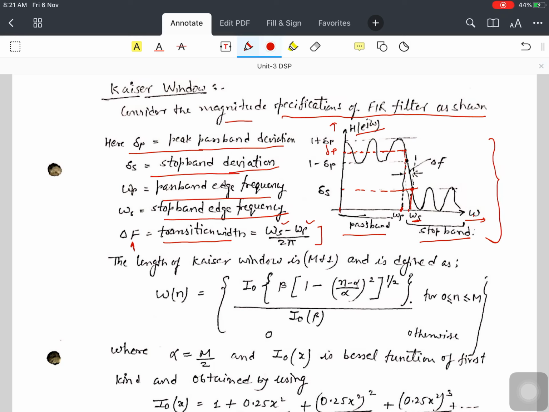Now if we talk about the Kaiser window, the length of the Kaiser window is M plus 1. You have to remember this, we are taking M plus 1 length.